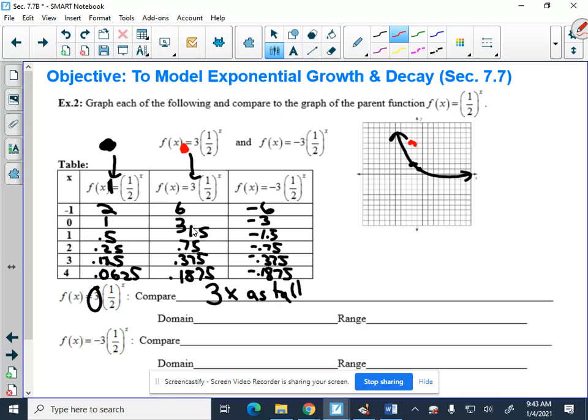At -1, it's up 6. Sorry, it's supposed to be -1, up 6. And then at 0, it's up 3. It's taller than the black one, but it's still decreasing. So the domain of this one in red is still all reals, and the range is still y is greater than 0.